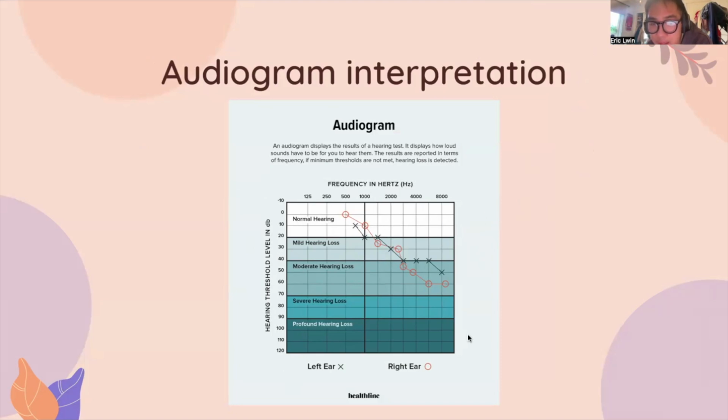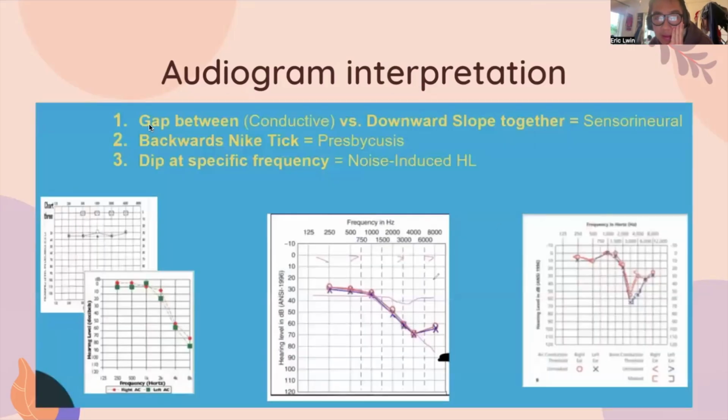The further down it dips, the less hearing you have. You also have your left ear and your right ear represented on this. So this specific pattern, as you can see, they have normal hearing at lower frequencies, and then their hearing tends to drop off as they reach the higher frequencies. This is most characteristic of presbycusis or age-associated hearing loss. And here are some of your things.